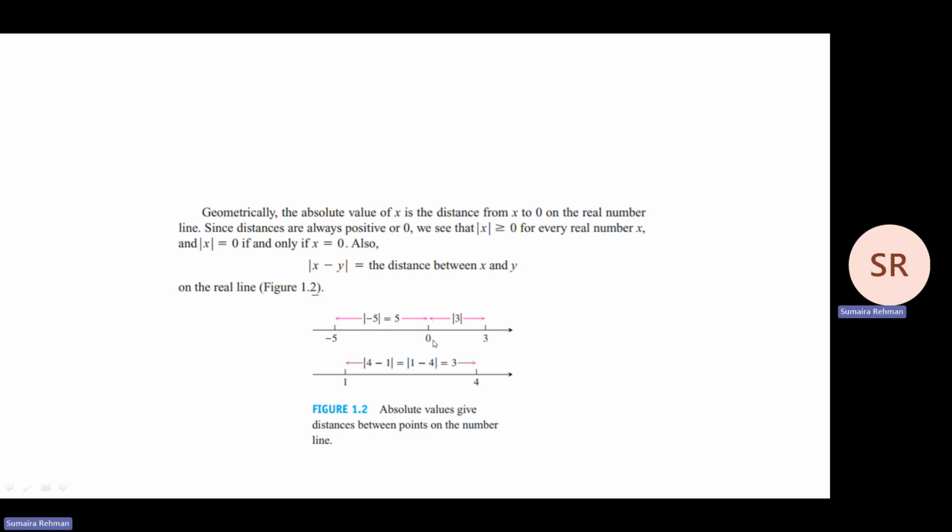Whether we are moving a few steps to the right of the origin or to the left, we are changing our position. So absolute value is just the distance from the origin to that specific number, and it always refers to a positive number.